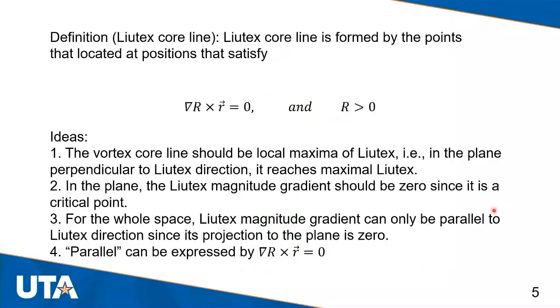Okay, then the definition. We introduce how we implement it. What's the definition of Liutex code-line, and how do we implement it to find these code-lines? The Liutex code-lines are formed by the points located at positions that satisfy this condition: we require the gradient of R cross product the direction of Liutex, r, to be 0.